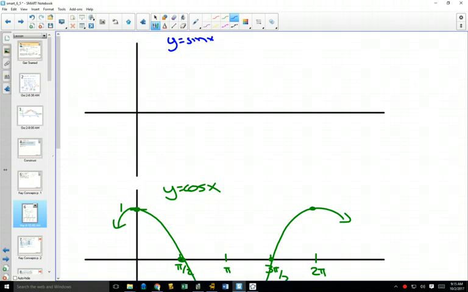So the first thing we do is we mark somewhere along our x-axis the period, which is 2 pi. We take our period and divide it into 4 equal sections to represent the 4 quadrants. So we cut it in half. Halfway, of course, is pi, pi over 2, and 3 pi over 2.